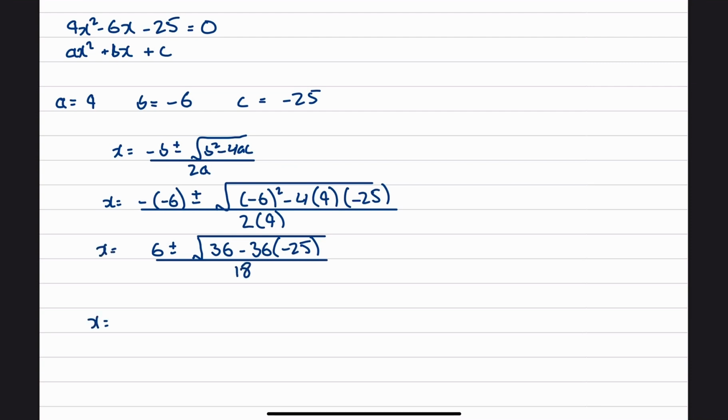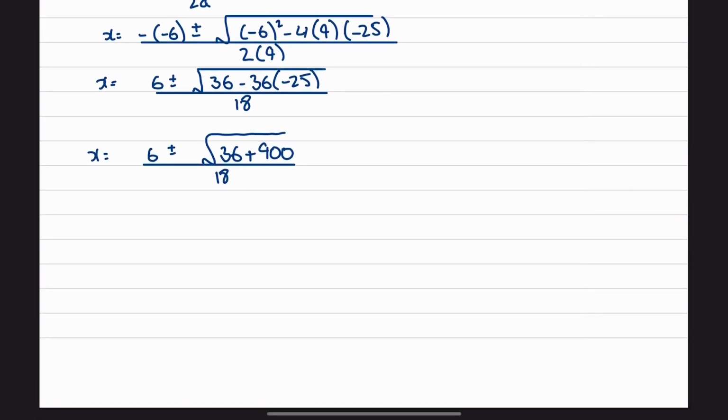So x equals 6 plus minus under root 36 minus, so minus 36 times minus 25 is 900, so 36 plus 900, over 18. So x equals 6 plus minus under root 936 over 18.